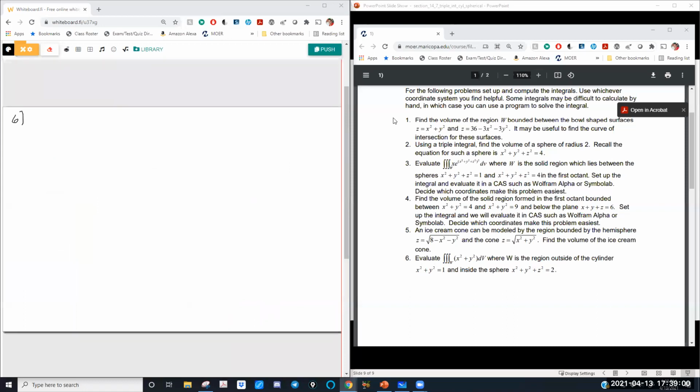So the nice thing is integrating over the sphere itself is actually not that bad to set up. Our sphere is x squared plus y squared plus z squared equals 2. So, let's say we want to do z first, which I think is going to be easiest. z is going to be plus or minus the square root of 2 minus x squared minus y squared, because we are doing the whole sphere.